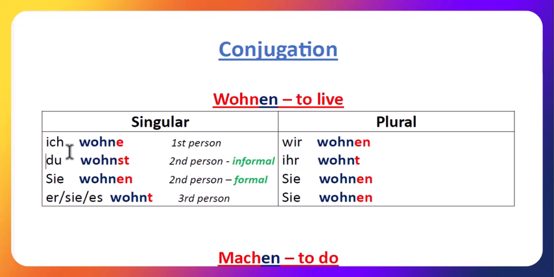The answer is you need to know more verbs. When you have more verbs, you will know the difference between regular and irregular. You need to know this one is regular, this one is irregular, and you need to know the conjugation. Conjugation is the first key.